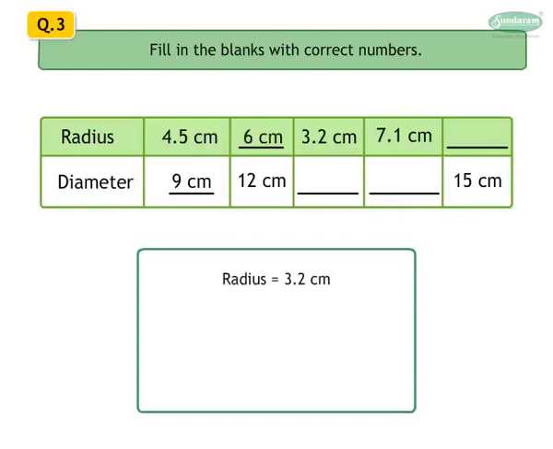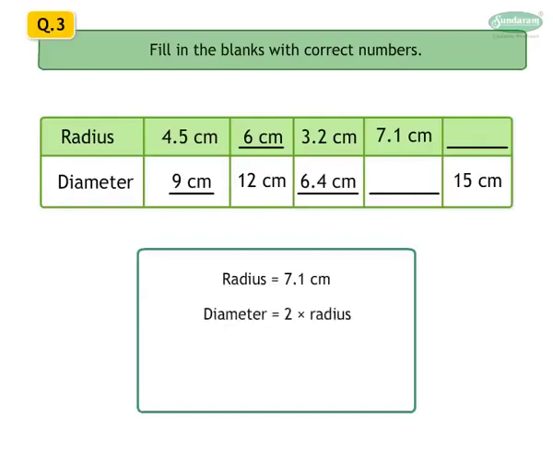Radius is equal to 3.2 centimeters. Diameter is equal to 2 into radius is equal to 2 into 3.2 is equal to 6.4 centimeters. Radius is equal to 7.1 centimeters.